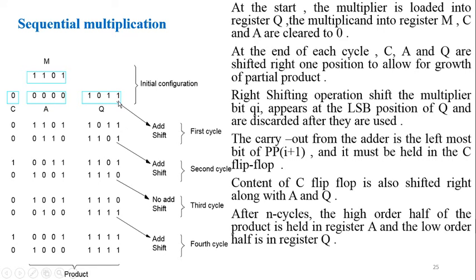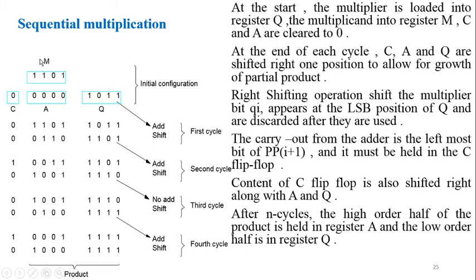We add the current accumulator value with the multiplicand array and write the result in the accumulator itself.